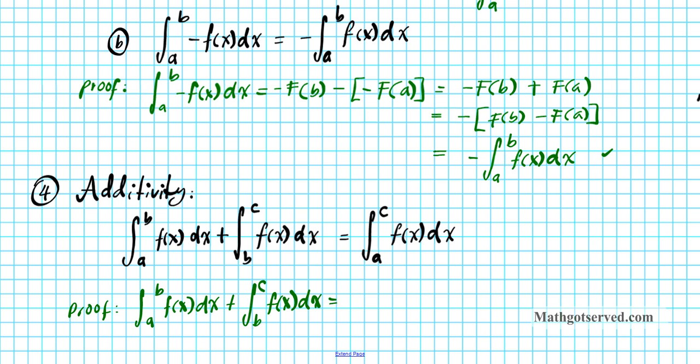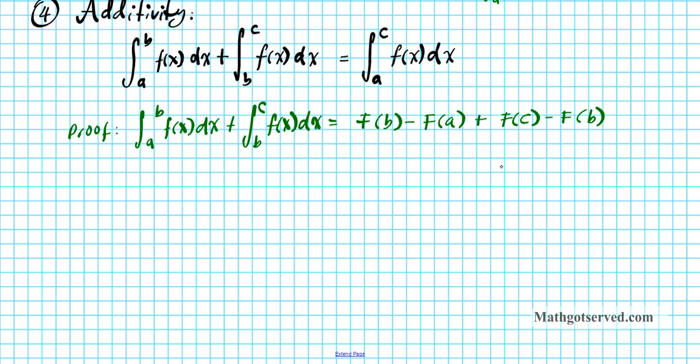This can be written as antiderivative of f evaluated at b minus antiderivative of f evaluated at a. That's for the first definite integral. Plus, for the second one, antiderivative of f evaluated at c minus antiderivative of f evaluated at b.